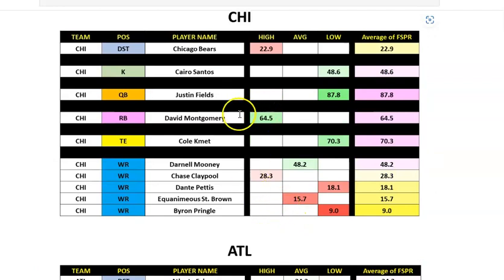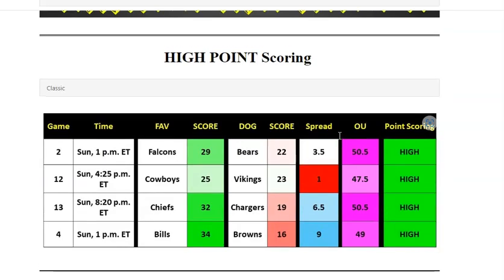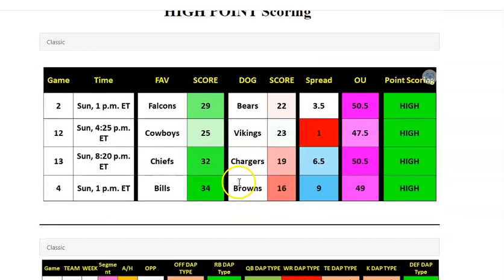I'm probably overexuberant about Fields and Montgomery and Kmet, because Vegas would tell me don't get too crazy on the Bears. So that's interesting. Okay, this is way longer than I wanted to go. I kind of got off on some tangents here.